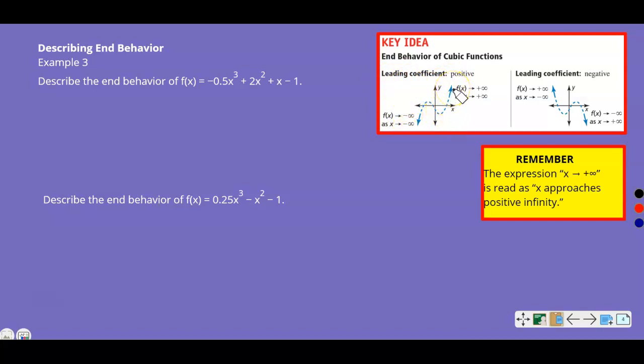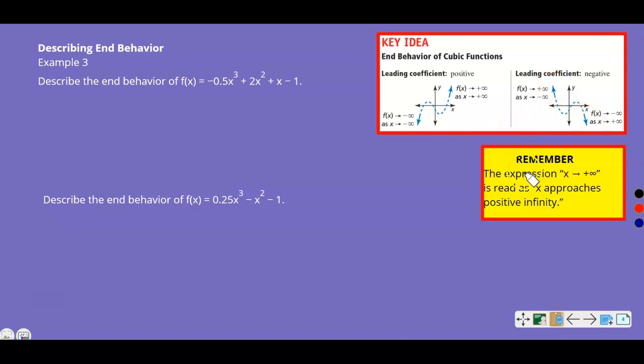Because it's to the third degree, it's also going to have opposite directions. So the end behavior goes opposite directions when it's cubic. You can see here, it goes opposite directions as well. It's just going in the opposite direction because the leading coefficient is negative, so it flips it to the other side. So you can see here it's going up to the left and down to the right.